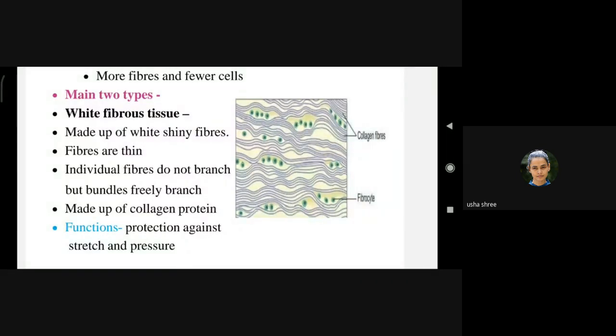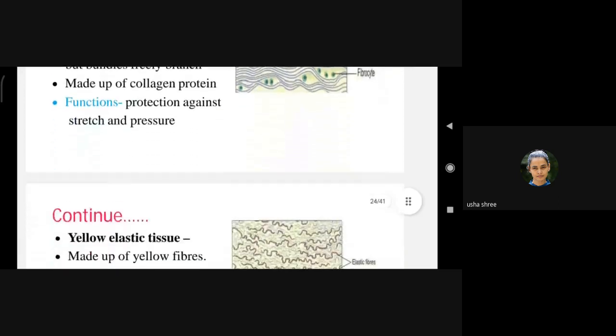Individual fibers do not branch, but bundles branch freely. They are made up of collagen protein, and the function of this fibrous tissue is protection against stretch and pressure. You can see the structure here.